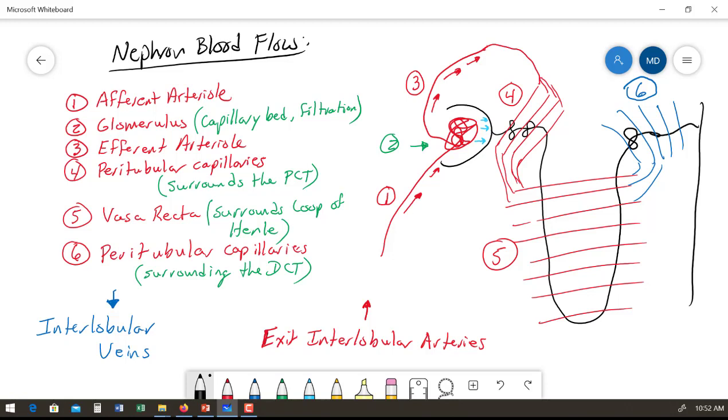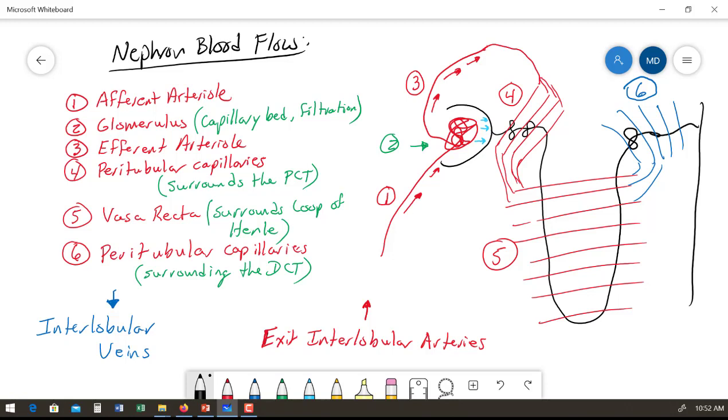And then the blood flows out through the efferent arteriole and then into the peritubular capillary bed around the proximal convoluted tubule, then into the vasa recta, which is a capillary bed over the loop of Henle, and then it flows into another peritubular capillary bed over the distal convoluted tubule before it flows out to the interlobular veins, and then of course eventually it's going to flow out of the body.